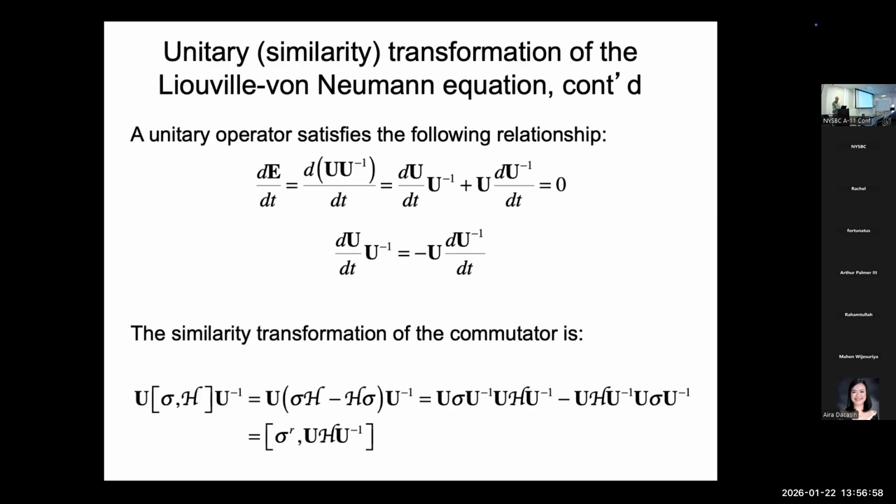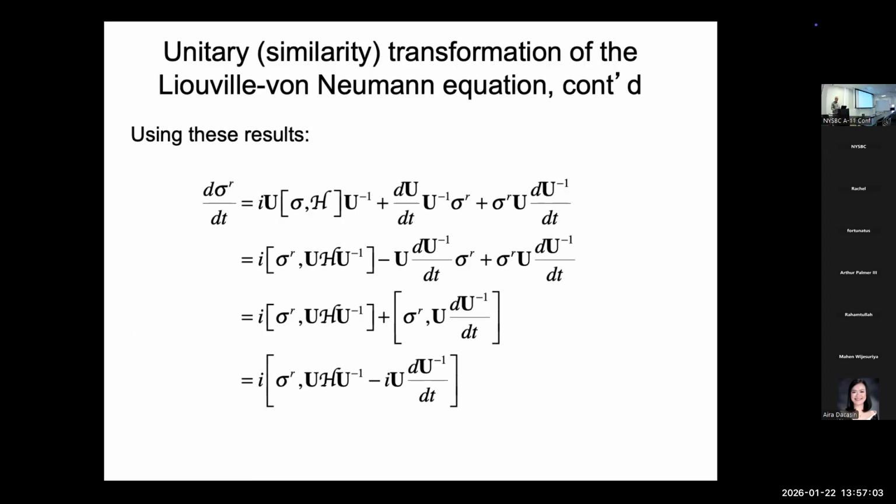I think in the interest of time, I'll let you take a look at this math over the weekend and just say, of course, we're going to want to do transformations. You've already seen that. So we have to know what happens to the Liouville equation if we transform to a new frame. And the slides that I skipped give the answer. So if we have a transformation, it is going to be represented by this operator U. For us, the U's are going to have the property of being unitary.